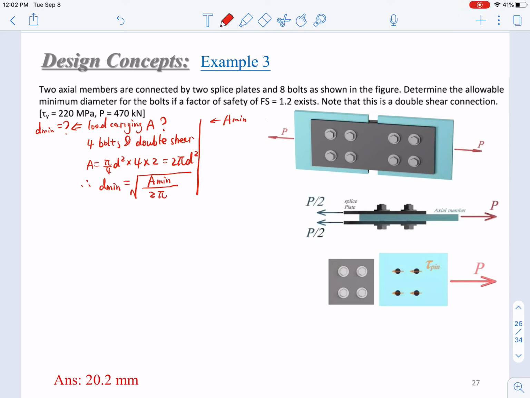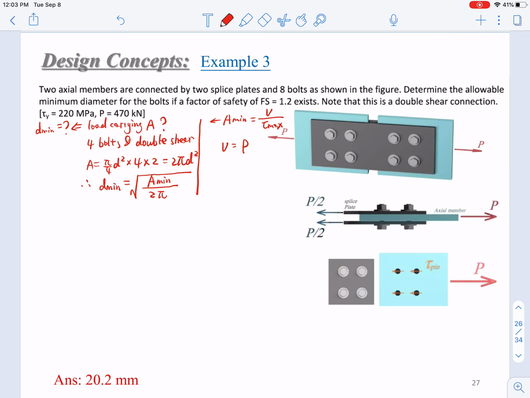So this will request us to determine the V and tau max, since this equals the shear force over the maximum or allowable shear stress. Then what is V?